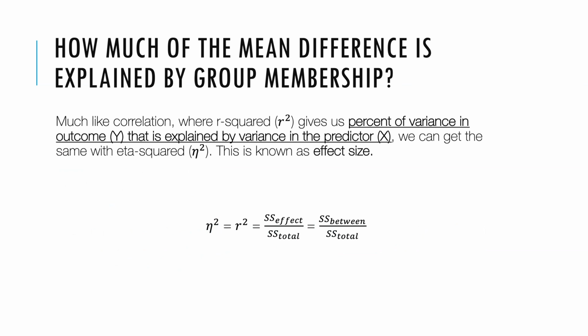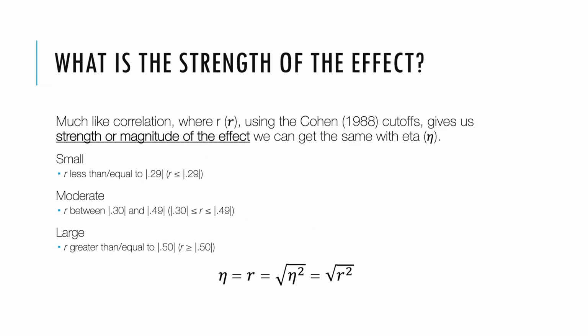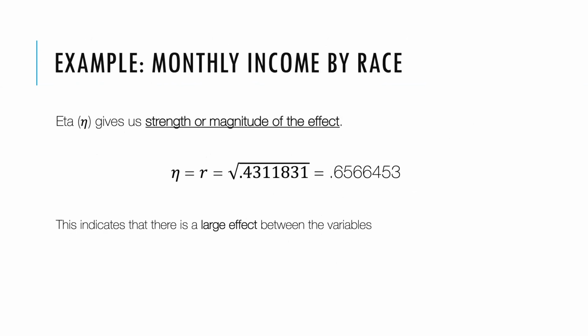So how much of income is explained by group membership or racial categories. We can do this with this calculation for eta squared. I'll quickly move through this. We can come back to this calculation for the strength or magnitude of the effect after we've done correlation. But please keep this calculation in your memory so we can come back and use it for analysis in the future.